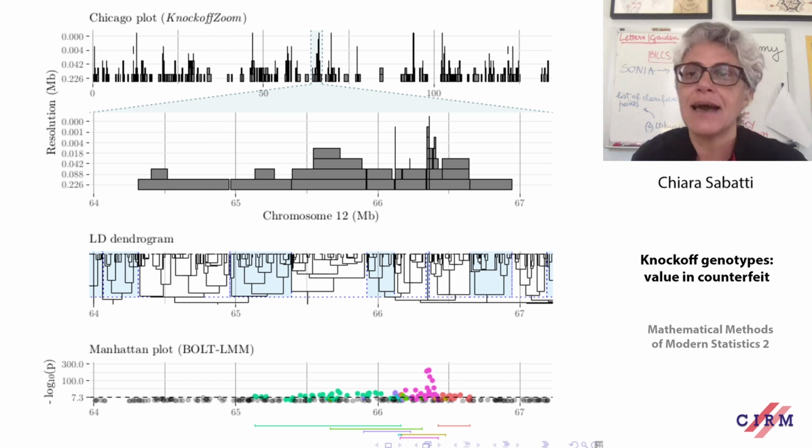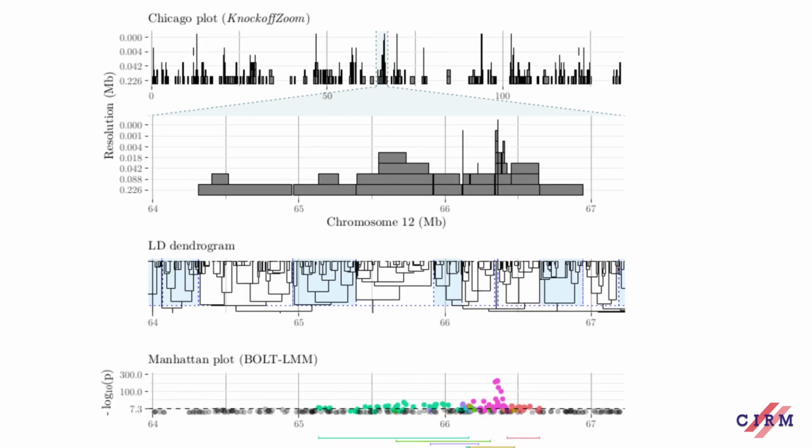And here is a snapshot view of how this method works and what type of results it's going to provide. So this is again height, and we're looking at chromosome 12. At the very top here, you have the entire chromosome 12, and a representation of multiple lines that correspond to the different resolutions.